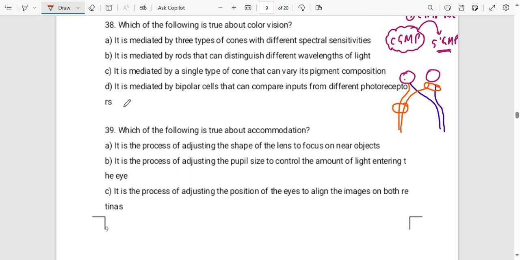Anyone that can help with this one? Thank you so much. So color is mediated by three different cones. What are the names of the three different types of cones that mediate color vision?